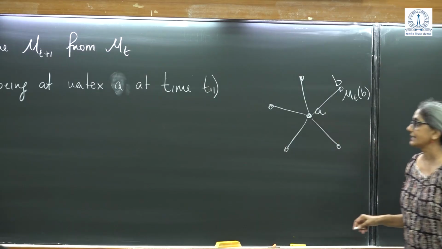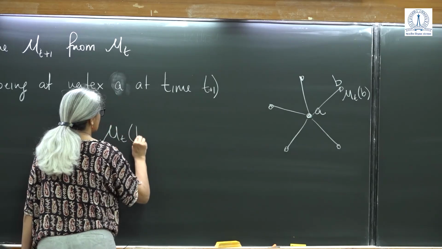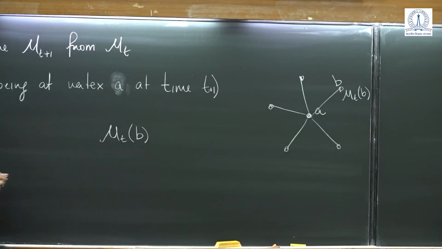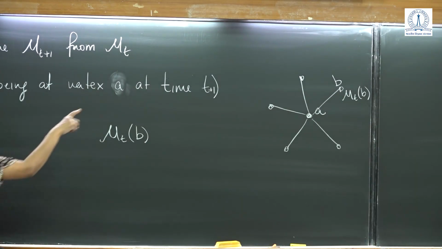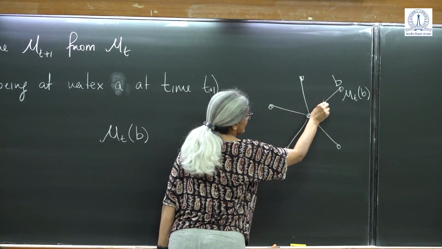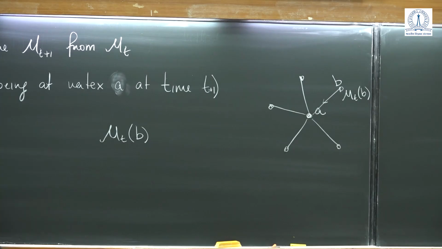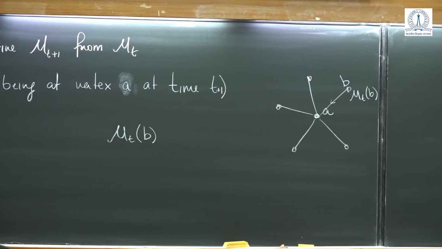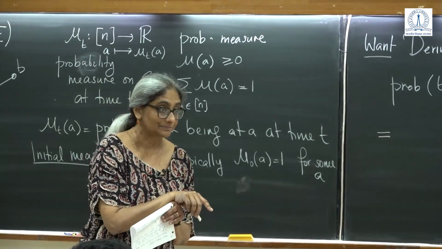So you have to look at a neighboring vertex. This was the probability that the walk was at B at time t. And then from B, the chance that it'll move here, how will we calculate that? If you're standing at B, then you will uniformly randomly move to any neighbor of B.